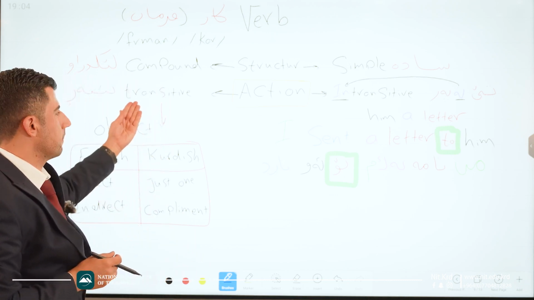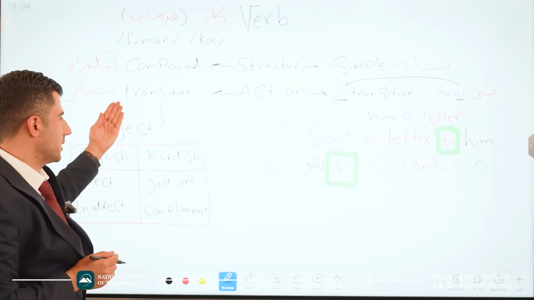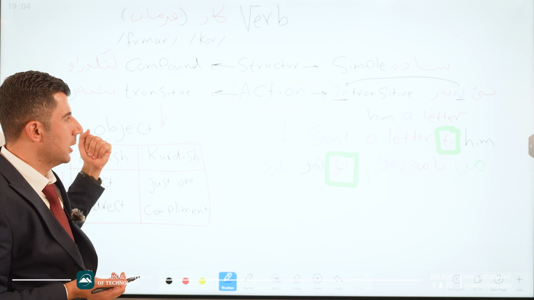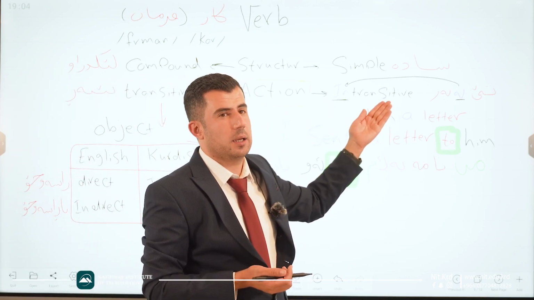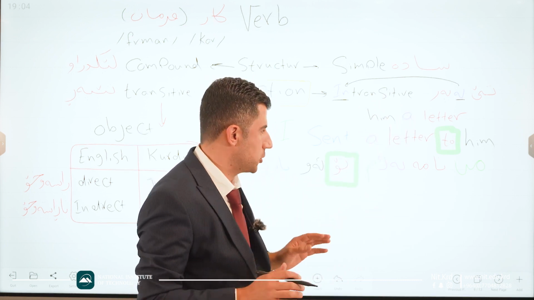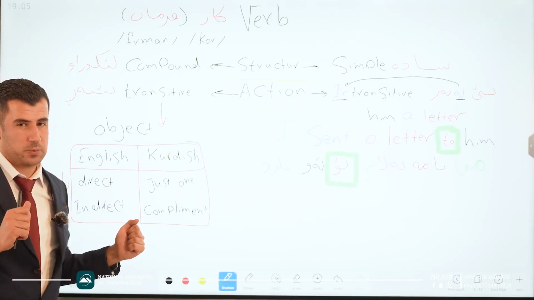Have a look at this one. For those verbs which are tepar, transitive, we must have an object. Okay? But for those verbs which are intransitive, we do not have any object. Good.